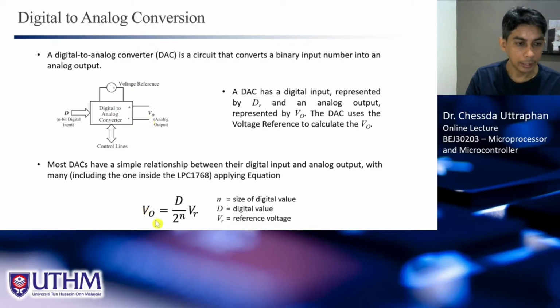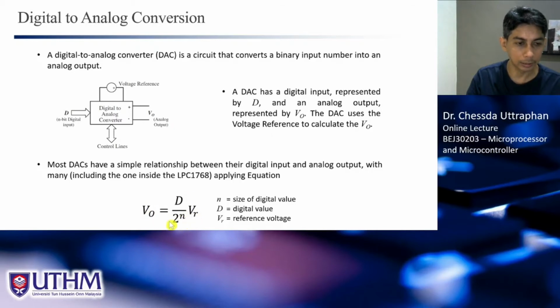And this is the equation to get the analog output when we have the digital data. So V out is equal to D, the digital data from here, divided by 2 power of the size of the ADC of your microcontroller, multiplied by VR.